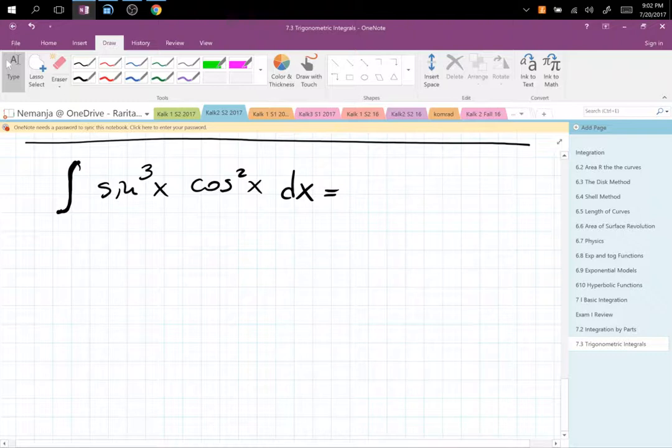But if you have the odd number, you can solve the problem by peeling off from the odd power one of those, either sine or cosine. So as you can see here, I have sine cubed. So I will peel off one sine, which will leave me with sine squared, and I keep that sine for u sub. The other 2 sines I convert into cosines using the Pythagorean rule, and I can do u sub.